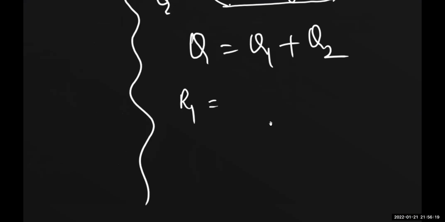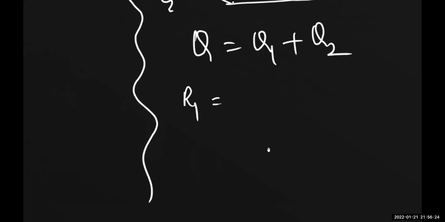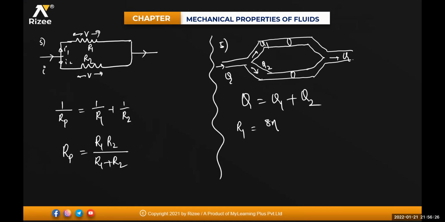So it will be 8 neta L1 divided by pi R1 to the power of 4. In the same way, R2 is equal to 8 neta L2 divided by pi into R2 to the power of 4.